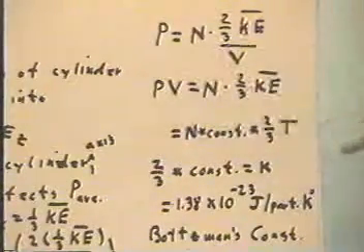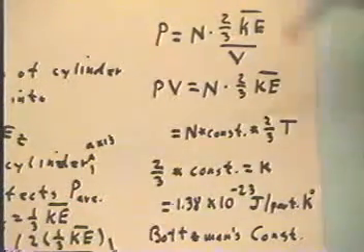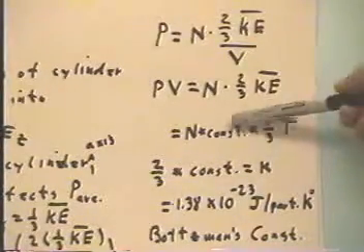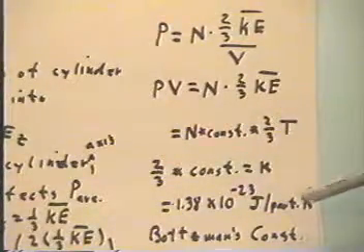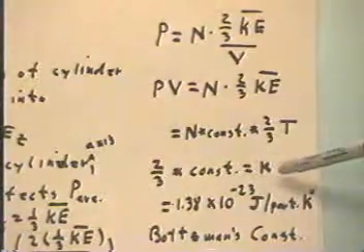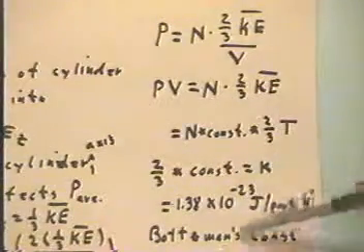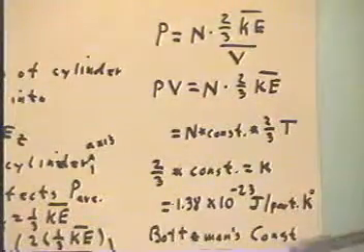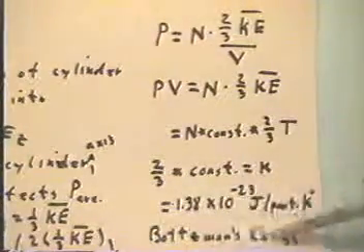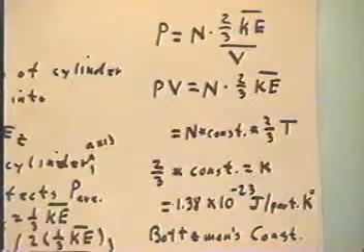Now this is looking a whole lot like the PV equals nRT, except we have capital N, and instead of an R we have a constant and that 2/3. Well, 2/3 of the constant is what we're going to call k. We're just going to lump 2/3 times a constant in here and call it k, and that's what we're going to call Boltzmann's constant. It looks like Botman here. Started to cross my L and didn't pick that up. I apologize for that. Anyhow, k is Boltzmann's constant.